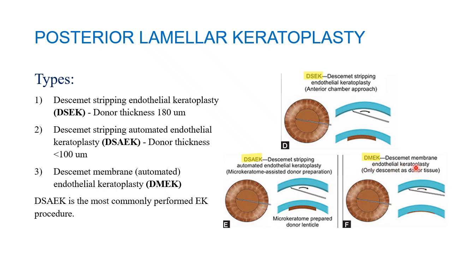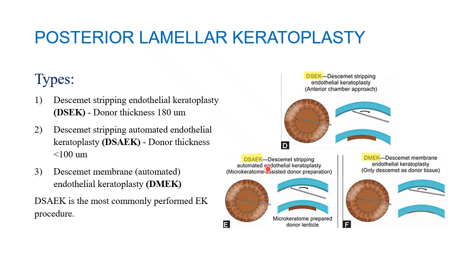And in DMEK, Descemet membrane endothelial keratoplasty, here also the Descemet membrane scoring has to be done, right? In all the three procedures, you have to strip the Descemet membrane of the recipient. But in this case, you are just transplanting a healthy Descemet membrane plus endothelium.